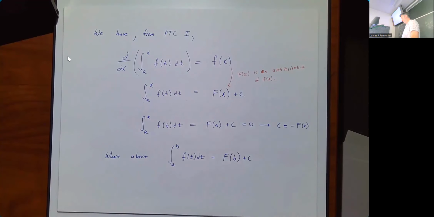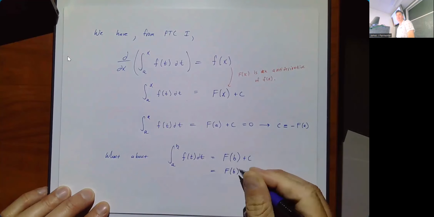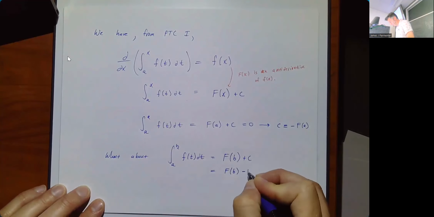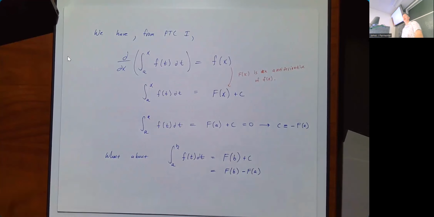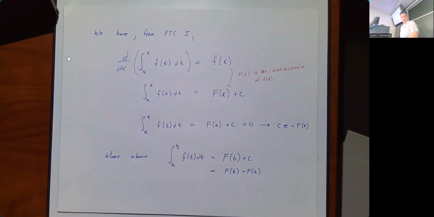But we just found that the constant is equal to negative F of a. So that's equal to F of b minus F of a, which is exactly what we do when we evaluate a definite integral. We take the antiderivative of our function and we plug in the top limit minus we plug in the bottom limit. And then we decide we don't want to write it as t, we want to write it as x.